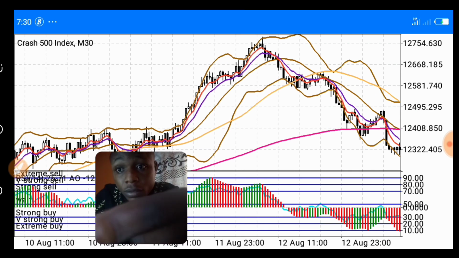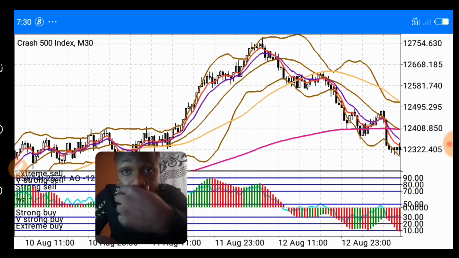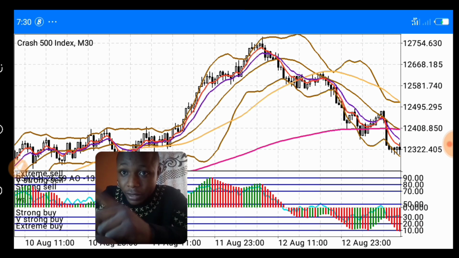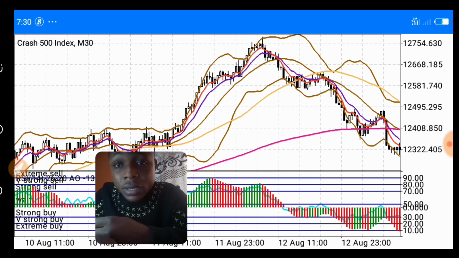Just wait for it. Also, in this kind of trend, don't buy. If it is selling, don't buy, and if it is buying, don't sell, because you can't determine where it will reverse, where the reversal will start from, but you can always determine where the trend will continue.